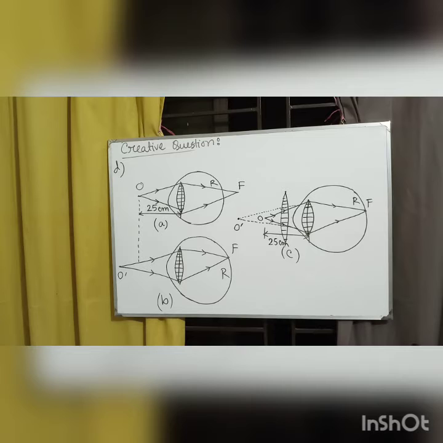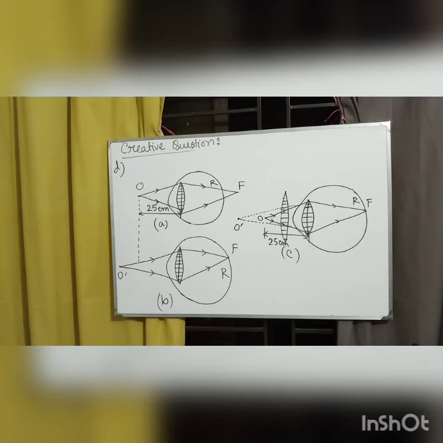For this reason, light rays coming from a distant object can make an image on the retina, but rays coming from the near point, after refraction through the eye lens, converge to a point F behind the retina.